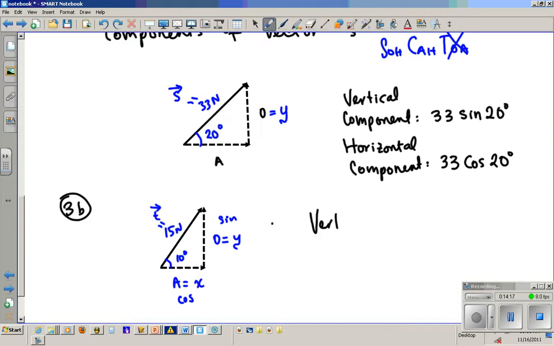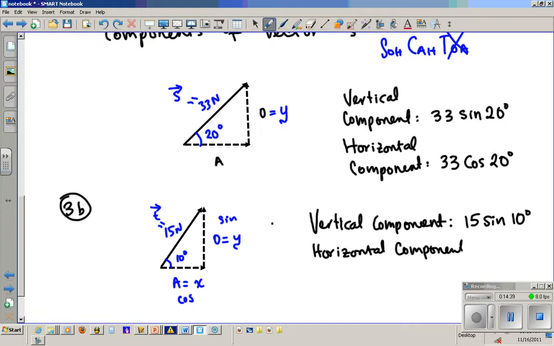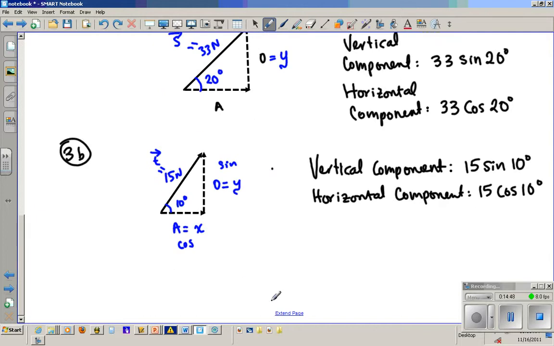The vertical component is simply the y component of this vector, which is the sine, so simply 15 sine 10 degrees. And the horizontal component, same thing, the only thing you change is the function, which is cosine, so it's going to be 15 cosine 10 degrees. And that's how you find the components, all right?